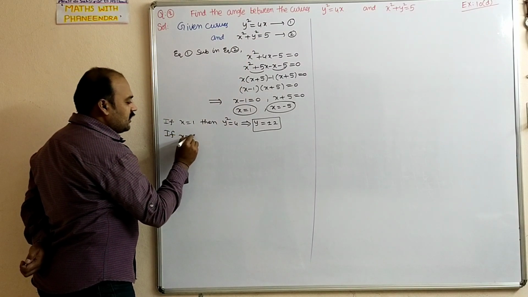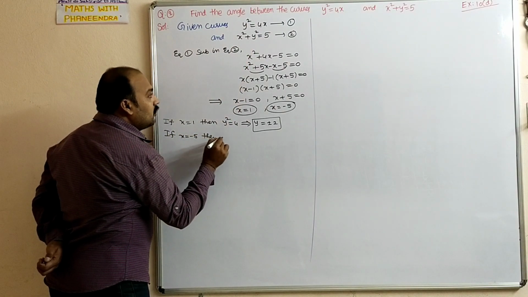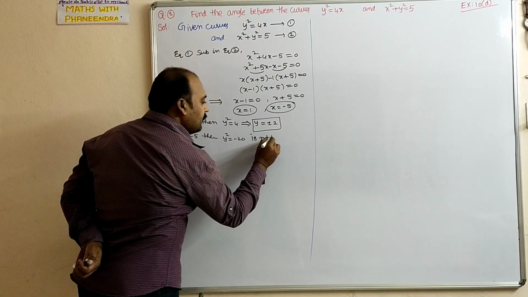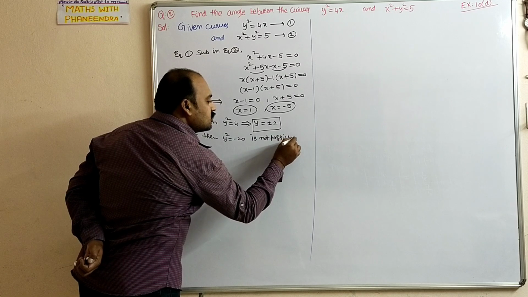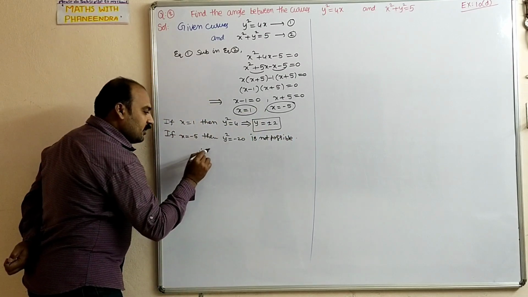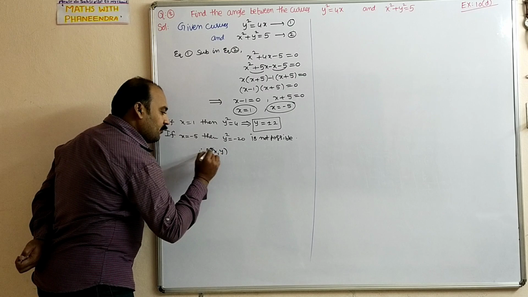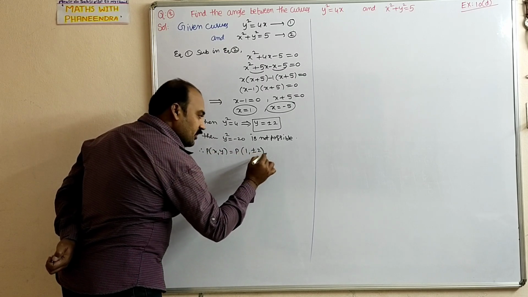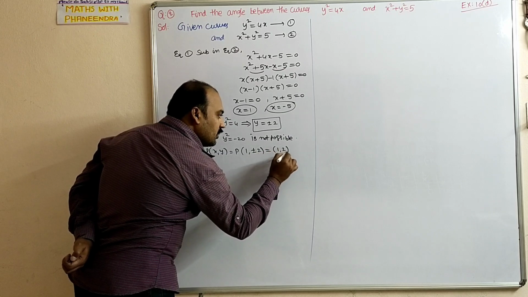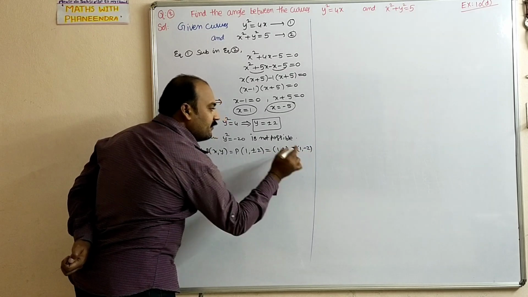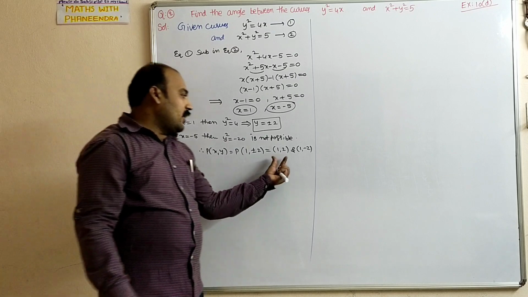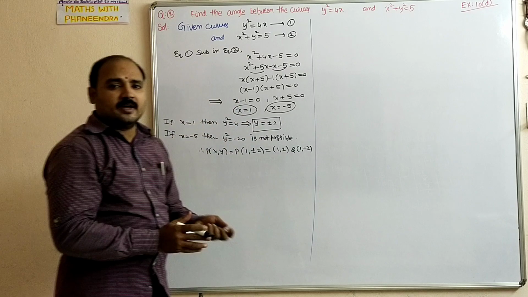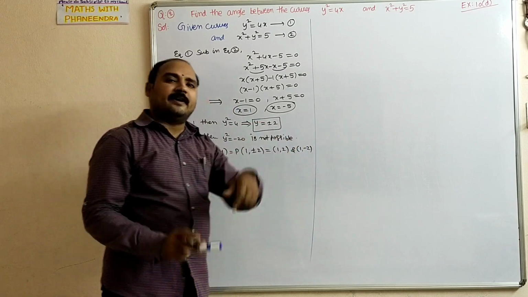If x is equal to minus 5, and you substitute in equation 1, then y square equal to minus 20 is not possible. So not admissible. So the point of intersection P of x comma y is 1 comma plus or minus 2, that is 1 comma 2 and 1 comma minus 2. Any one of the cases we will take here. Suppose at 1 comma 2, we calculate both the curve slopes and then find the angle between them. Similarly, you can write at 1 comma minus 2.